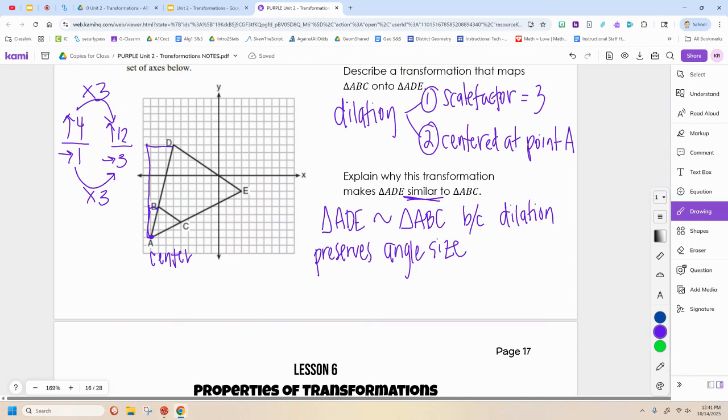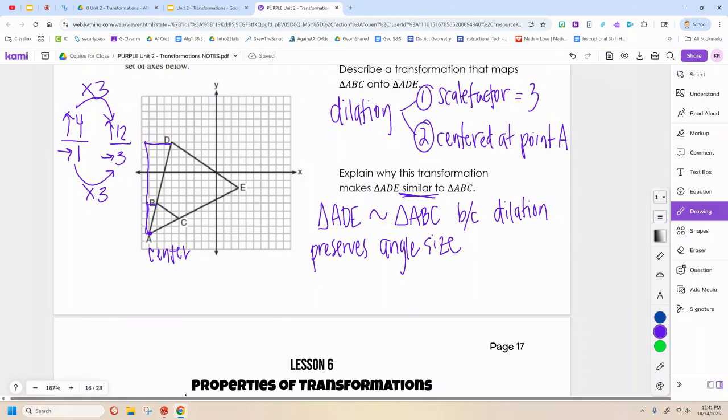Right? So angle A is still the same size as angle A. You could say angle CAB is the same as angle EAD, like that. So angle size is preserved and corresponding sides are not congruent, but they are proportional.